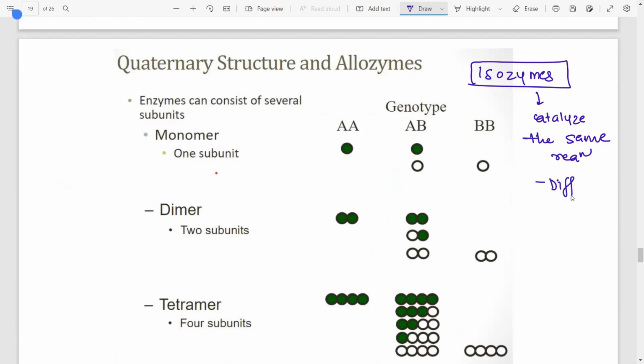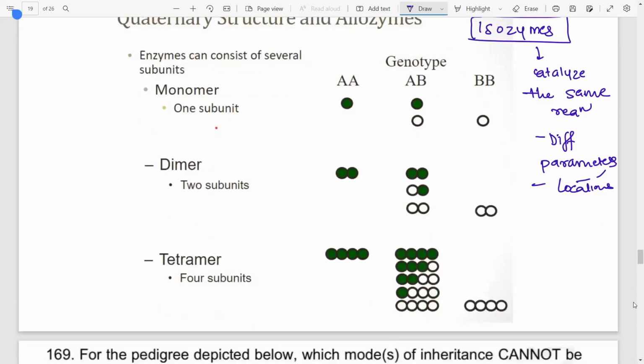So different parameters and different locations. But however, they catalyze the same reaction. In humans, we have a very special enzyme, lactate dehydrogenase, which is a 4-subunit enzyme that has different locations, like a different one in the heart, a different one in the muscles, etc.